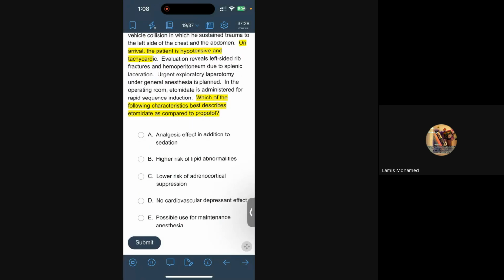So what is going to be the answer here? D. No cardiovascular depressant effect. Propofol has a depressant effect, and ketamine has an activating effect. It will increase the blood pressure.